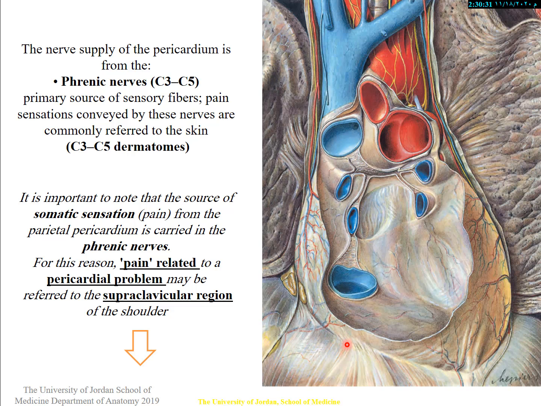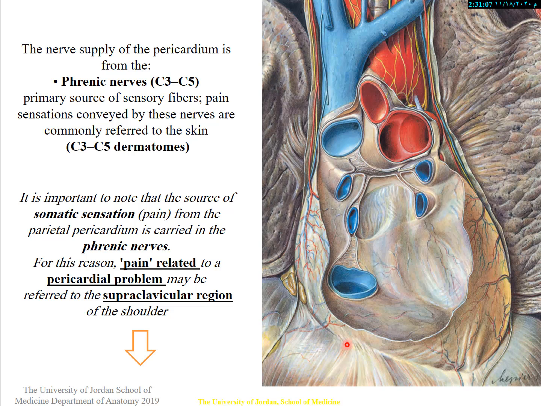Now, the diaphragm is lined superiorly by the parietal pleura, and inferiorly by the parietal peritoneum. So above it is pleura, below it is peritoneum, and in the middle part it is the pericardium. The fibrous pericardium is attached to the diaphragm.